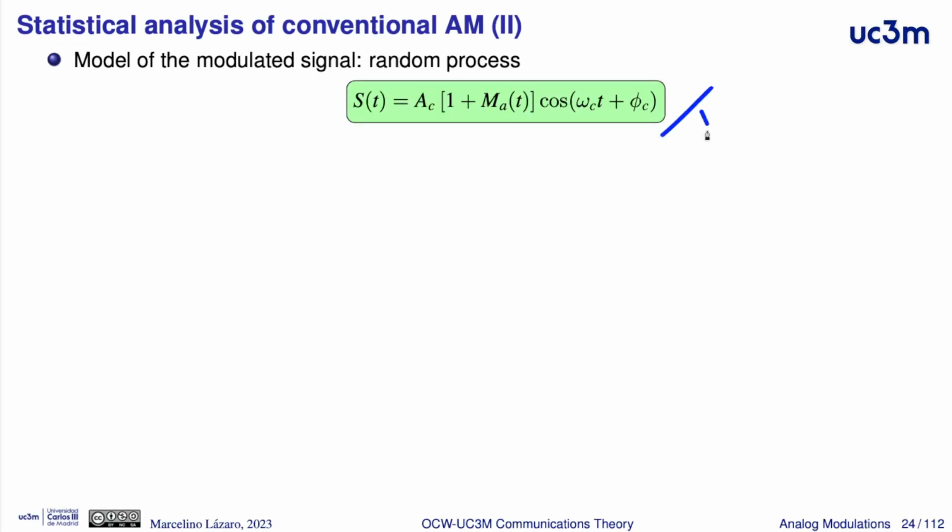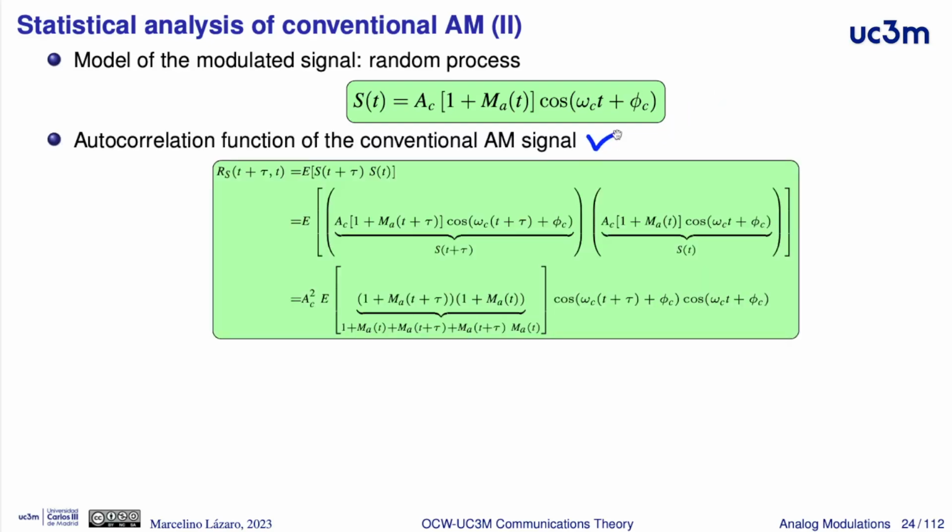With the same model for S(t), now we are going to compute the autocorrelation function of this random process. The definition: expected value of the product between the random process at t plus tau and the random process at t. This is the expression for the random process at t plus tau. This is the expression for t.